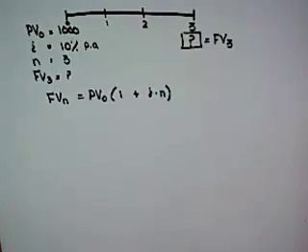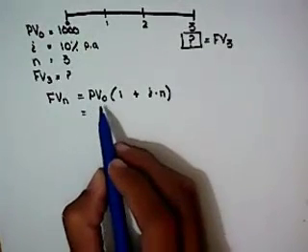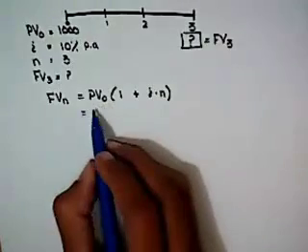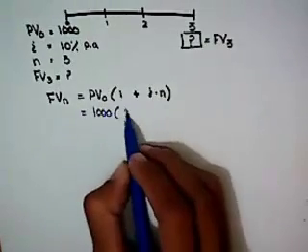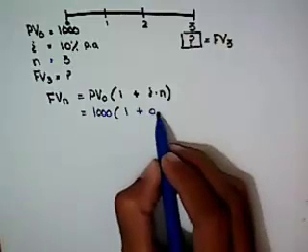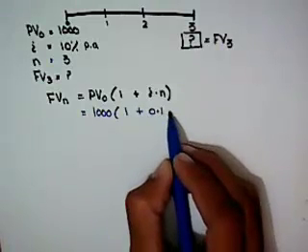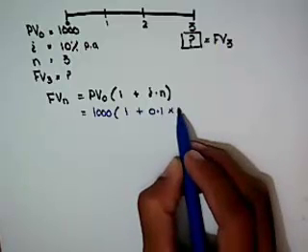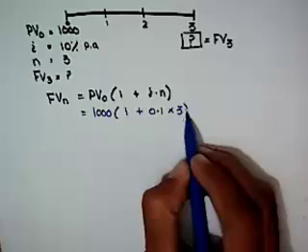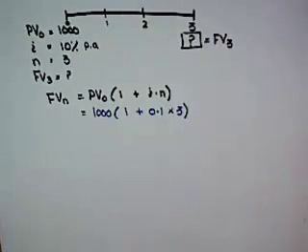So future value at the end of nth year equals present value at time 0 multiplied by 1 plus interest into n, and this is simple. So by putting the values into the simple interest model, present value is 1,000, 1 plus interest is 10%, 0.1 multiplied by n, which is 3. So if we calculate the figure in the bracket, we'll find 0.1 multiplied by 3 equals 0.3, and plus 1 equals 1.3.